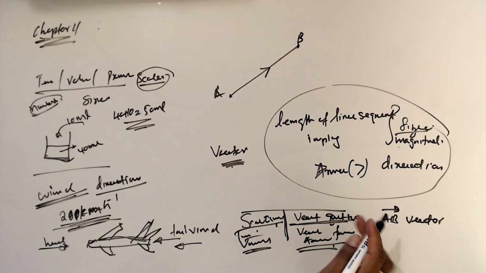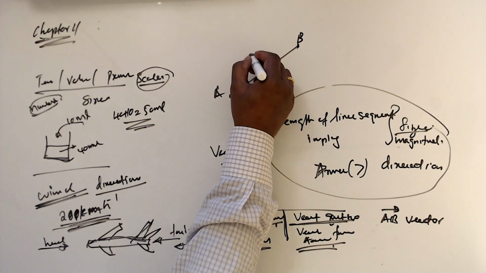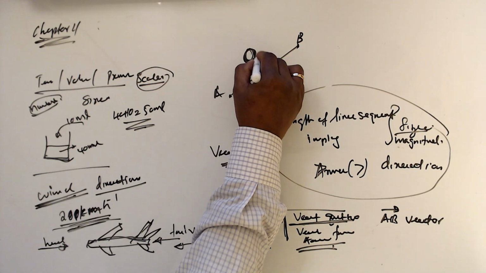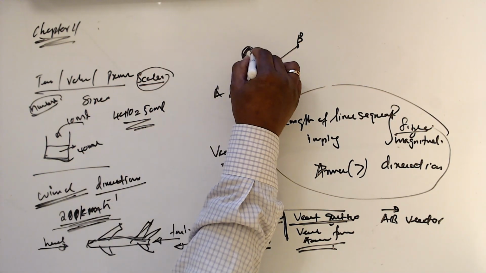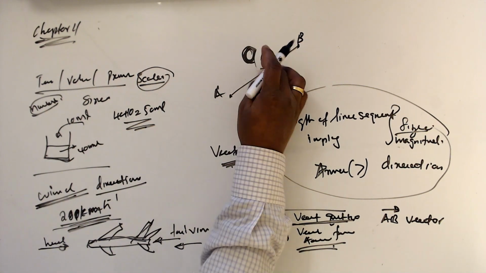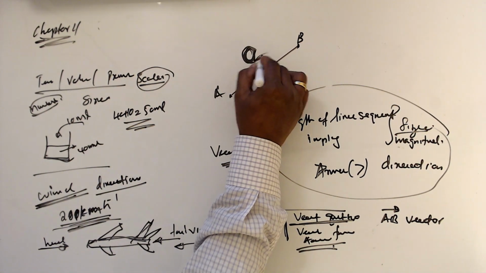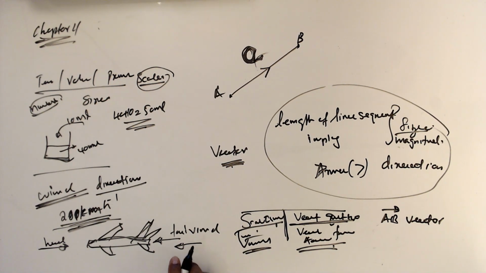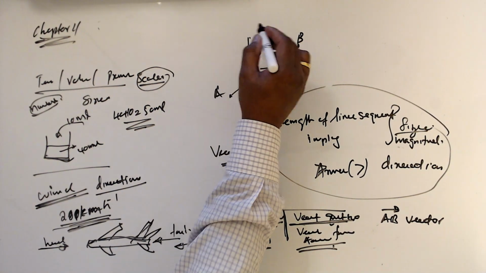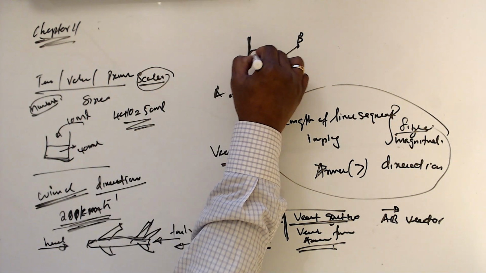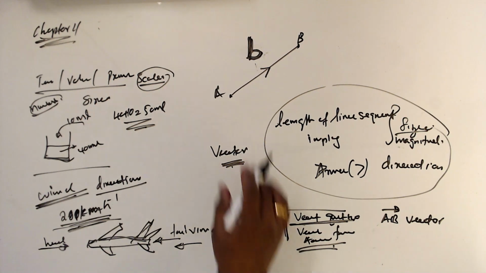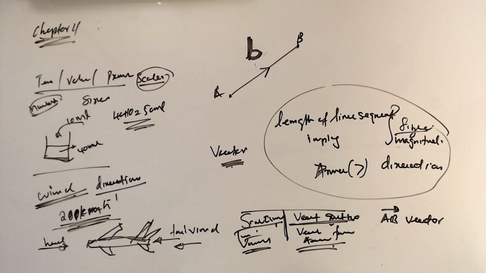Also, a different way of doing it: we will give a simple letter in bold face. Let's say this is A. Or maybe B. Not just B, you have to write it in bold face. So that's how we can visualize a vector.